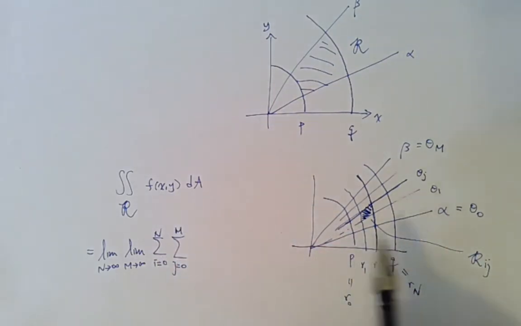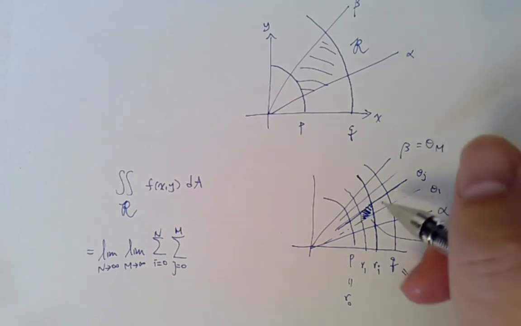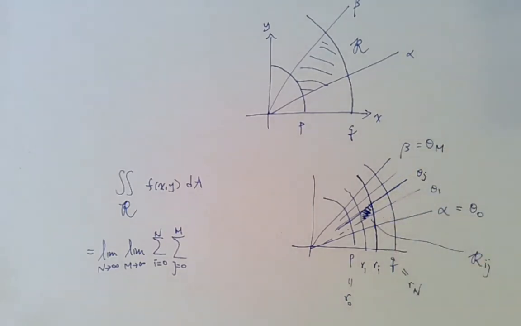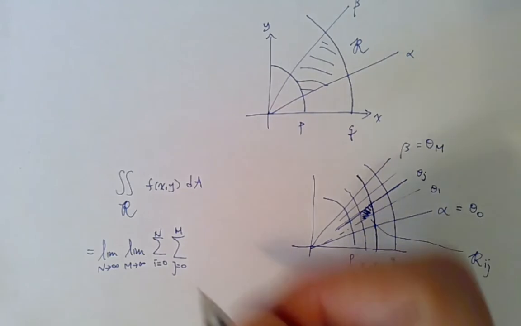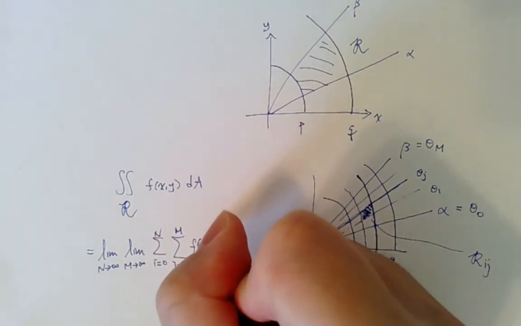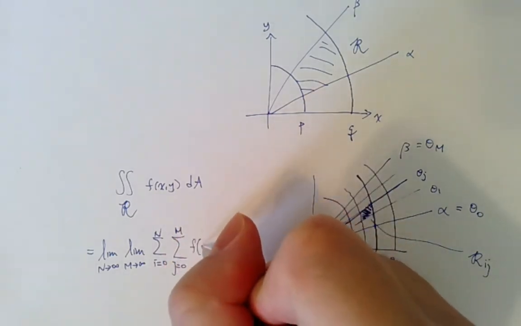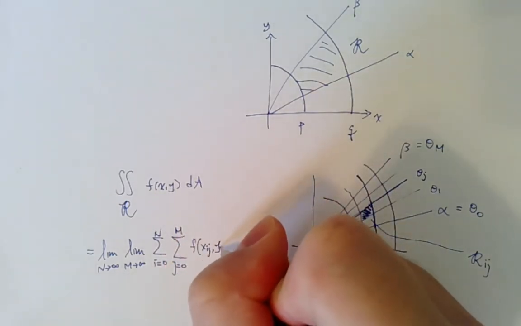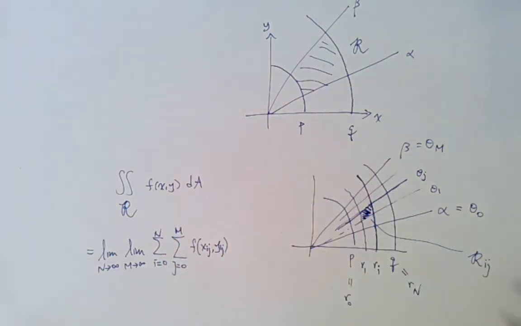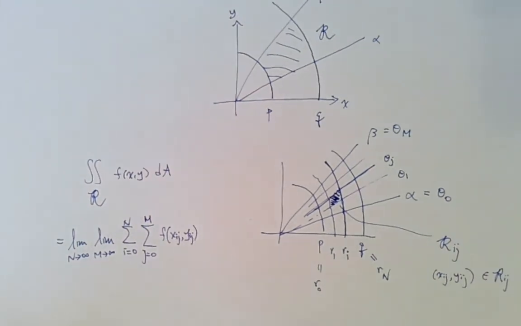And then we would pick a point in there and evaluate f. Let's pick a point x sub ij, y sub ij in this rectangle R sub ij.